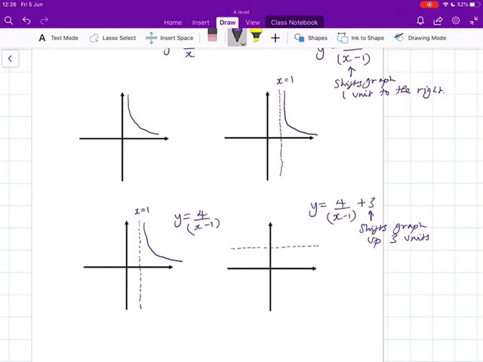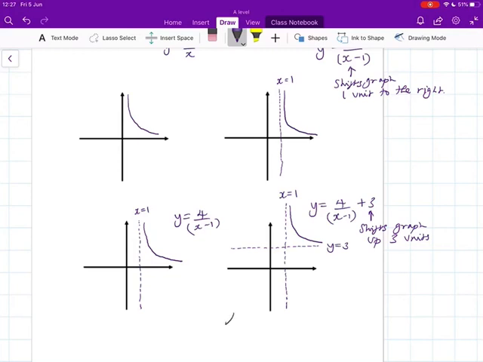Instead, it's going to be the line running across here, which is the line y equals 3, because everything has moved up 3, and we've still got this asymptote that we had before, the line x equals 1. So our graph now looks something like that.